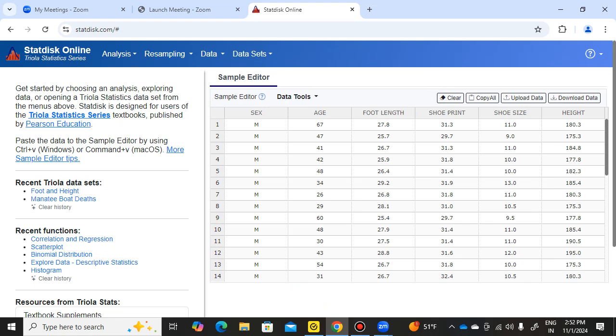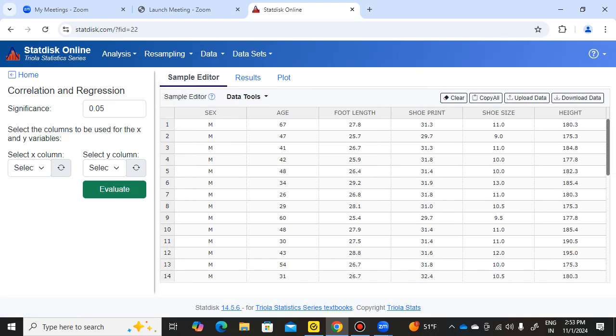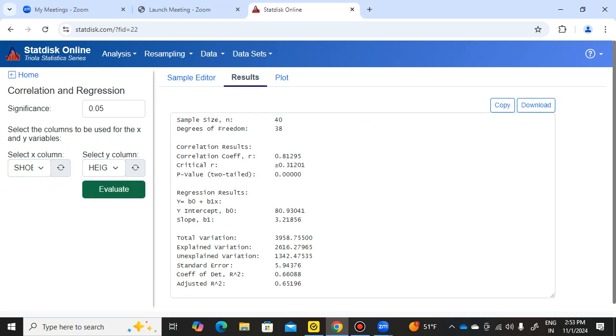Shoe print, right, okay, yep. So we'd run a correlation regression. We're looking for shoe print, and then we're looking for height. Yeah, shoe print. Evaluate.